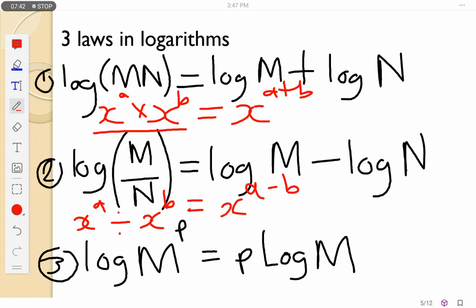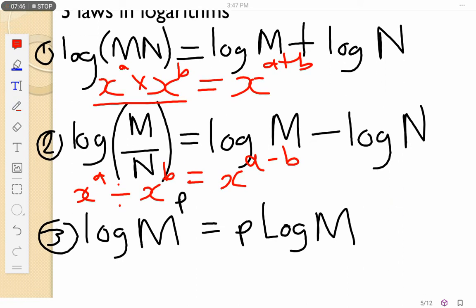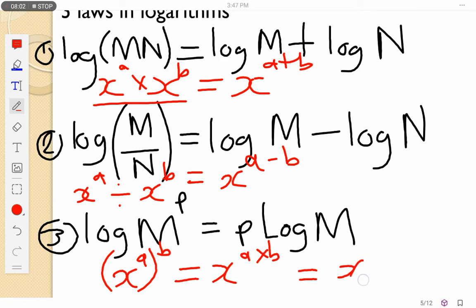That's how we are getting that. Then the last one, we also have something similar where we have got x to the power of a raised to the power of b, which is equal to x to the power of ab. I'll show you this one later on, though it's not really directed to what we are showing you.